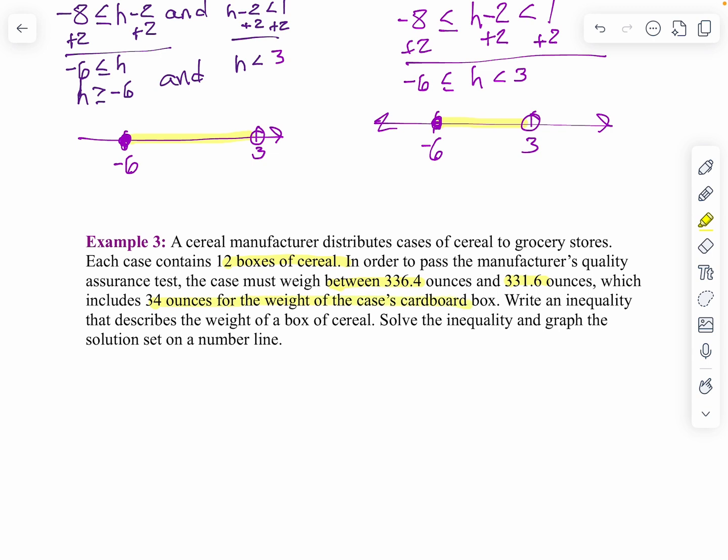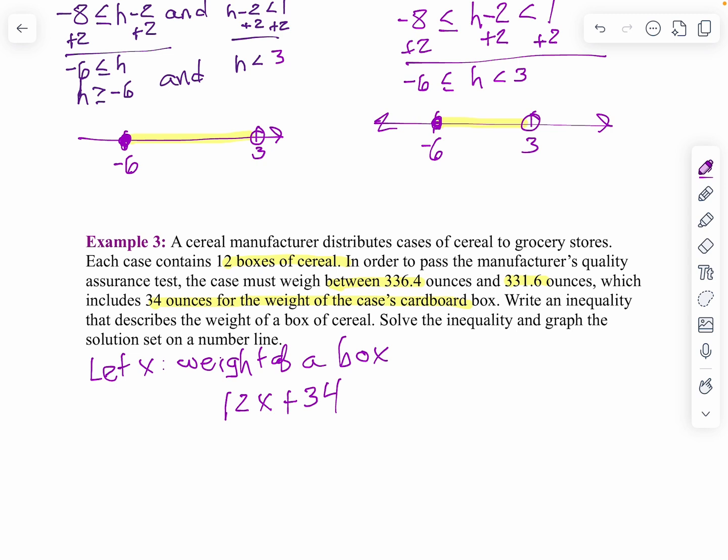I want to write an inequality, I want to solve it, and I want to graph it on a number line. Well, let's start here. I'm going to let x be the weight of a box. Define a variable. I have 12 boxes, so I'll go 12x, plus I have 34 ounces for the box, or the case.